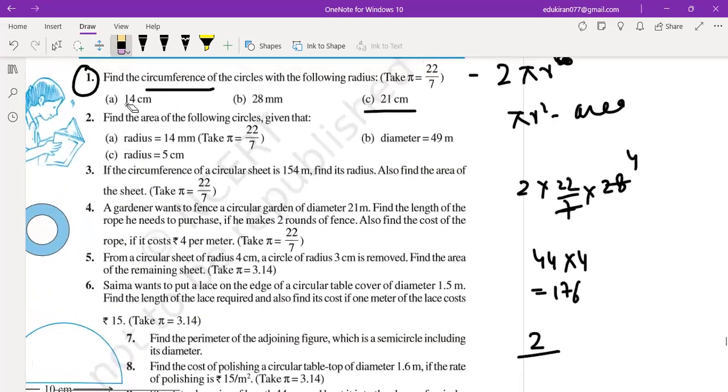Okay. Once you are done, you will be starting with question number 2. Find the area. You know the area, right? Pi r square. Clear? Everybody? Yes, ma'am.